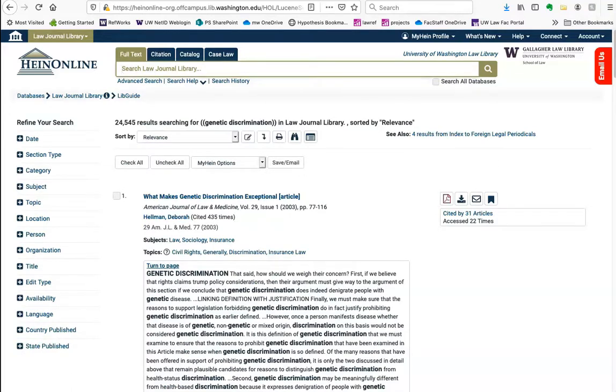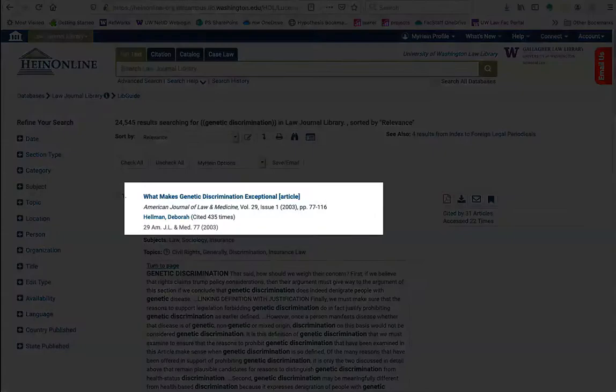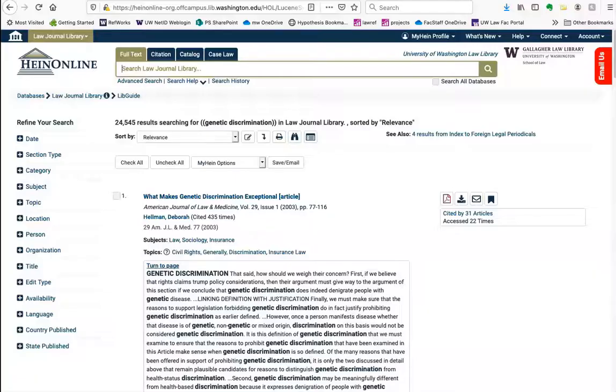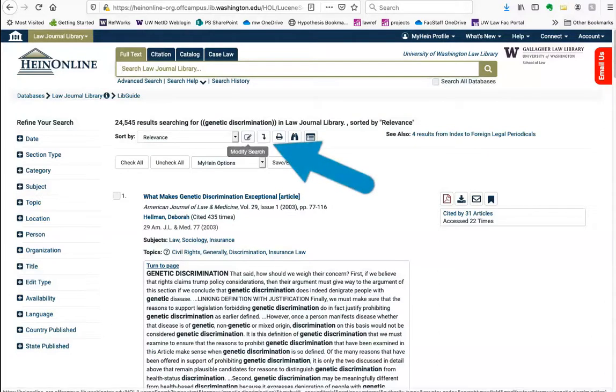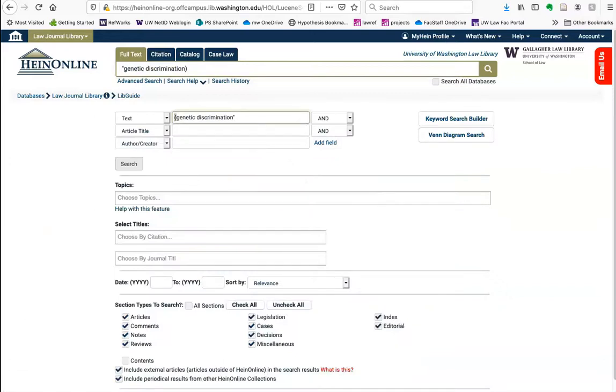The default ranking is by relevance, which is determined by an algorithm that HeinOnline's programmers came up with. The first article is What Makes Genetic Discrimination Exceptional. I'm going to edit my search, which I can do right here. You see where it says Modify Search? Instead of just typing in the words genetic discrimination, let me put quotation marks around it.